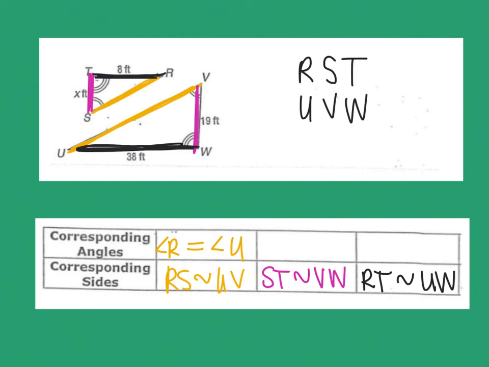Angle R is equal to angle U. The second letter in both triangles, S and V. So that tells me angle S equal, not similar, but equal to angle V. And then my last combination is T and W. So I would come down here and say angle T perfectly equal to angle W.